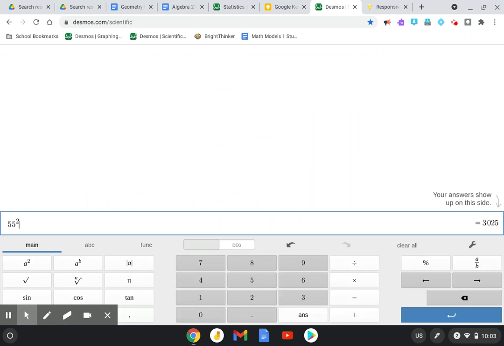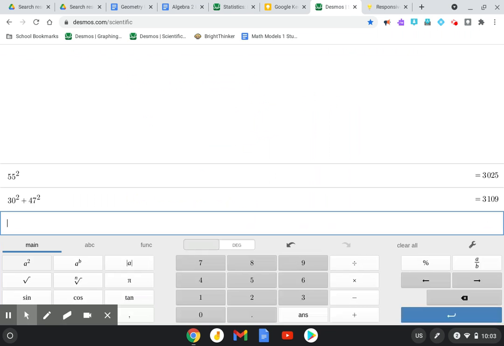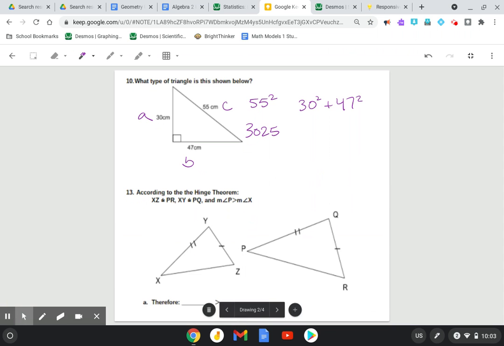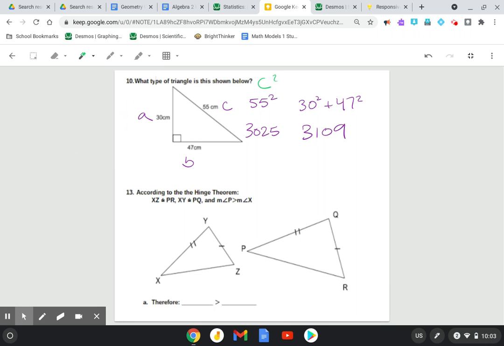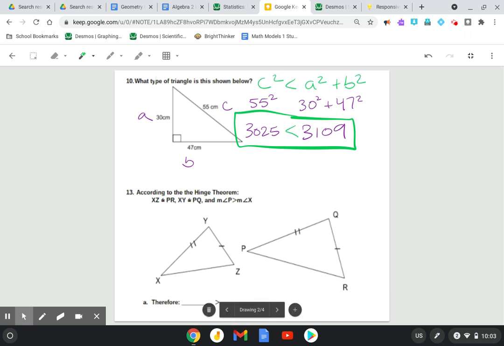And then we do 30 squared plus 47 squared, which is 3,109. So we see that in this situation, C squared is less than A squared plus B squared. That comes from this statement right there. We compare them, and we see that C squared is less.